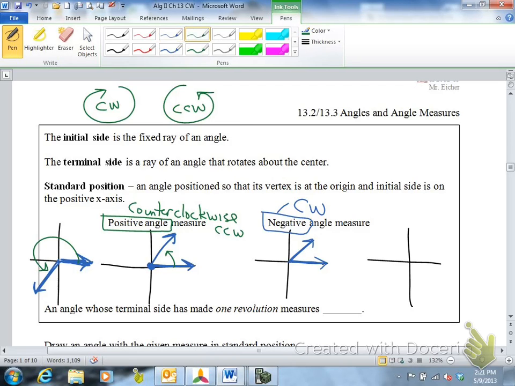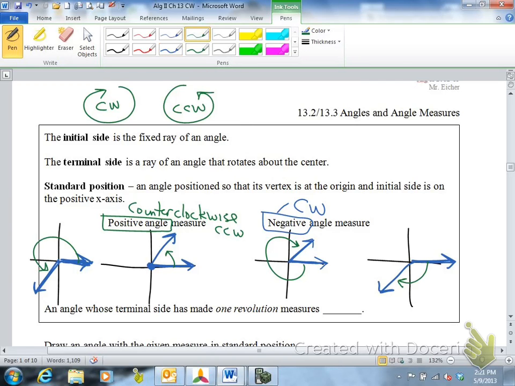You have to show the rotation, that you rotate this way, and that is a negative angle measure. For this other one, say we're down here. This angle, clockwise, would be a negative angle. So that's the difference between positive and negative angles.